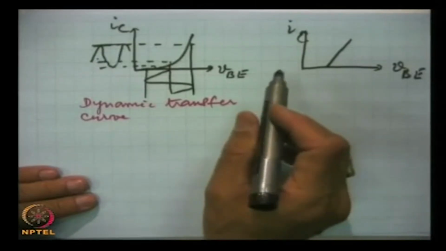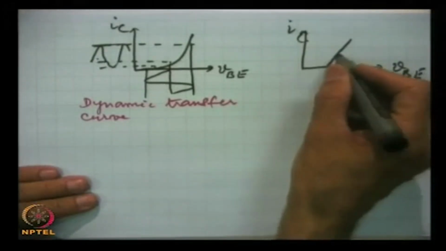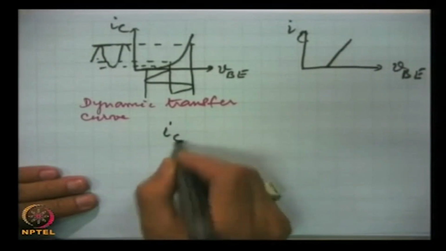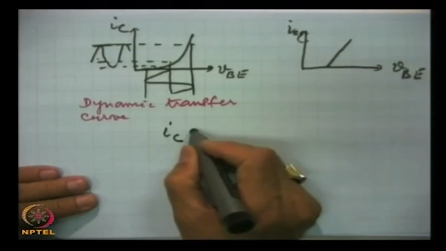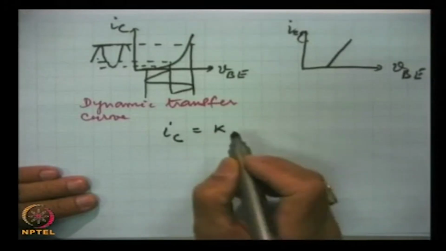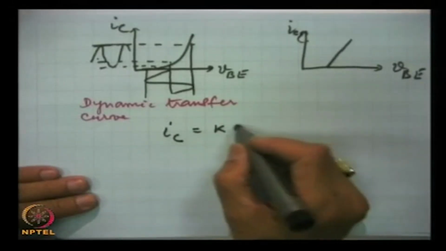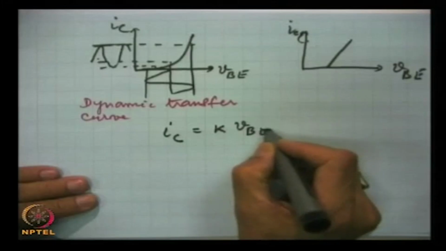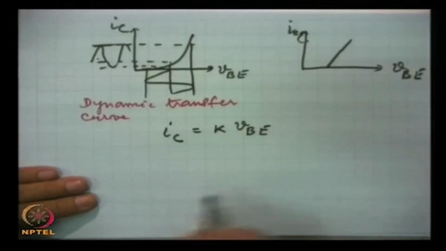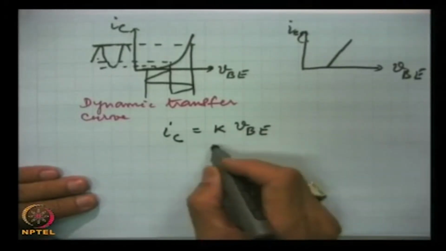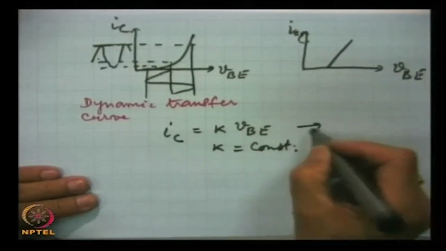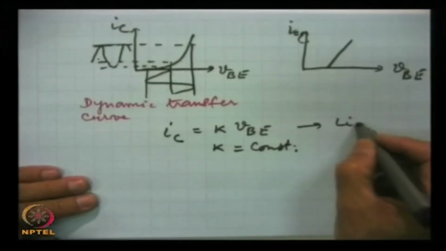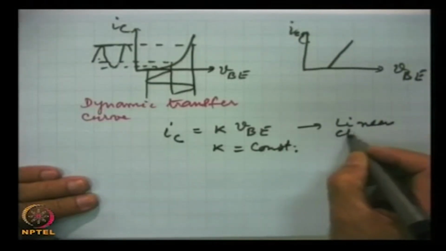We can represent, for this linear case, the collector current IC as equal to K times the voltage, where K is a constant. This is for linear characteristics.